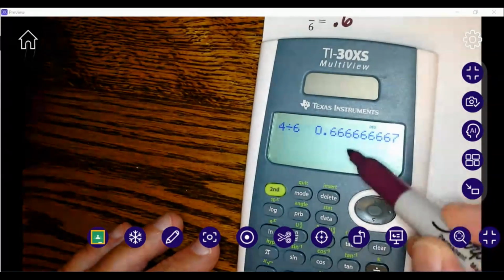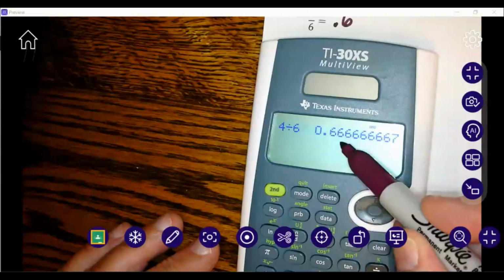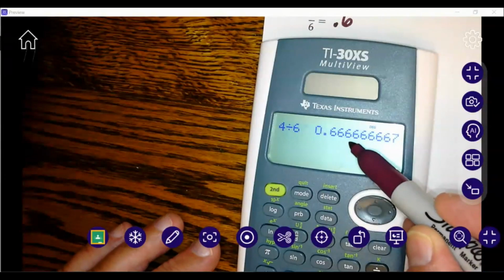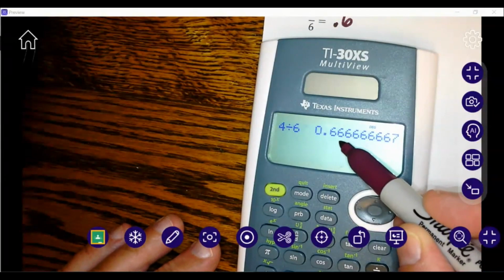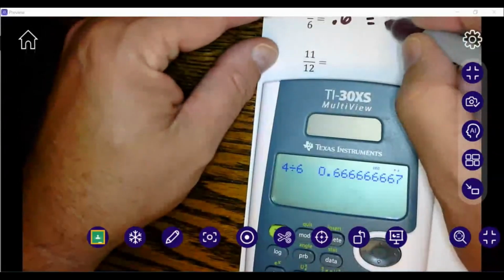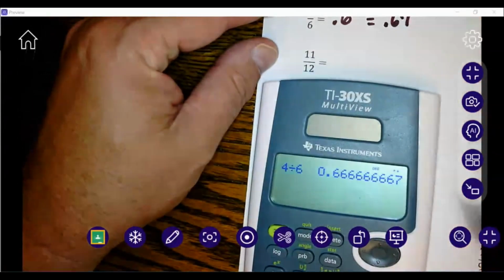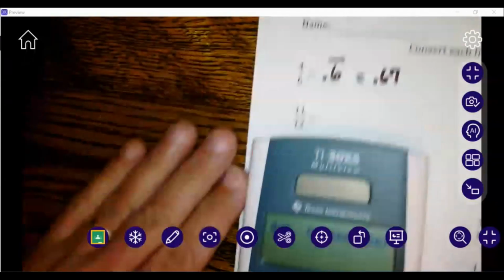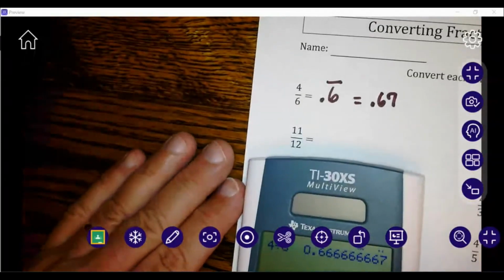If I'm going to round to 2 decimal places, I look at the second decimal place, the 6, then we look next door. That 6 tells me to round the second 6 up. And so this is also 0.67 rounded to the nearest hundredth.